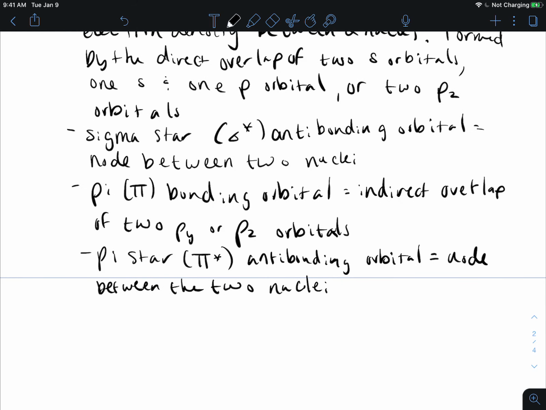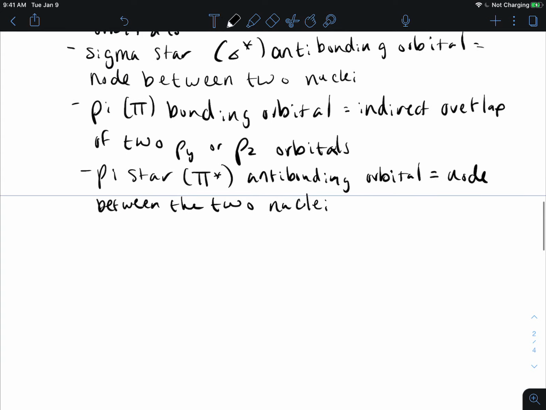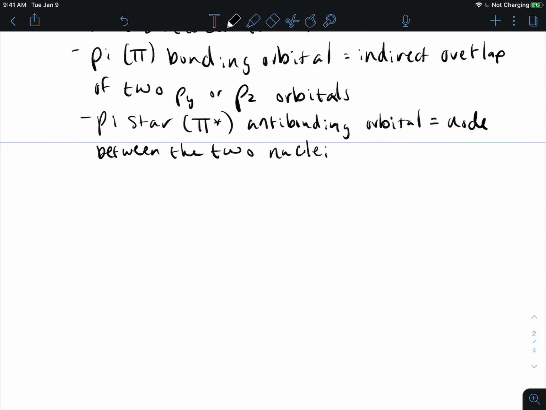Okay. So how do these occur? Let's look at this a little bit in the way of phases of our atomic and molecular orbitals.